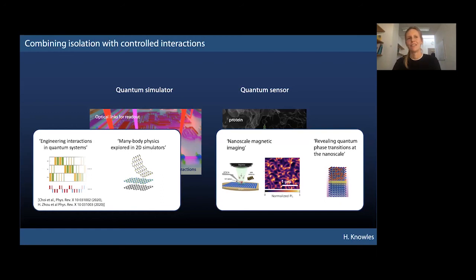But this is really with an aim to understanding thermodynamics in the quantum world. So I think this is not as practical an application as you would like to see.